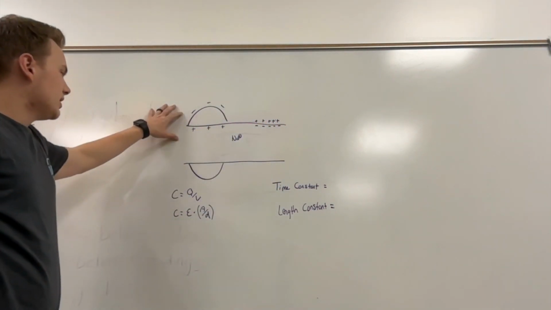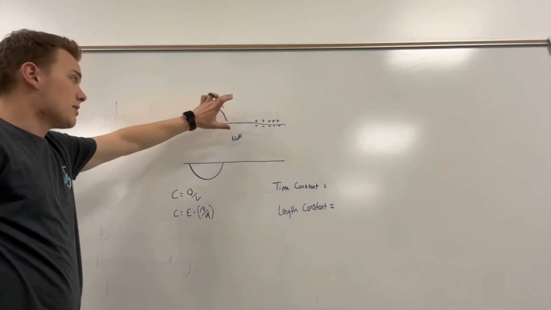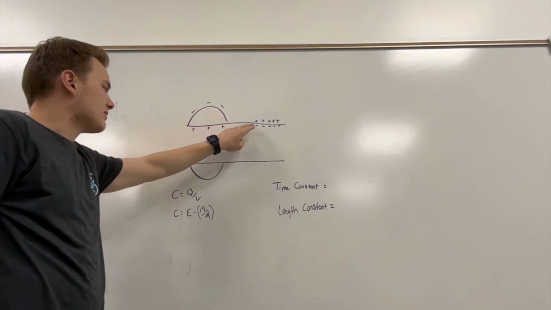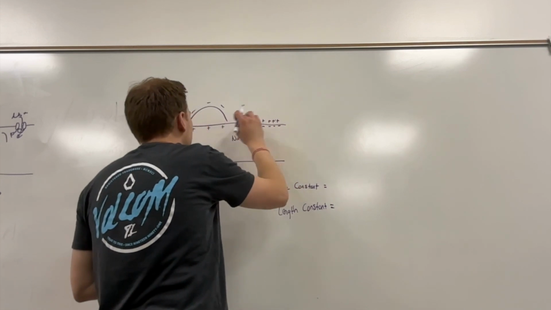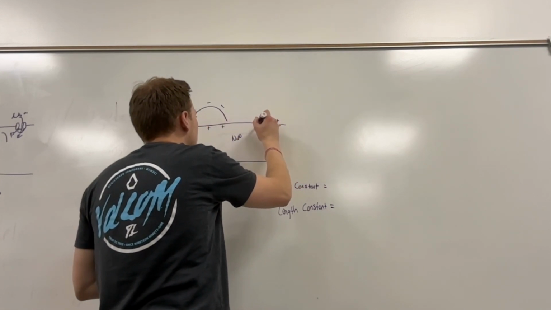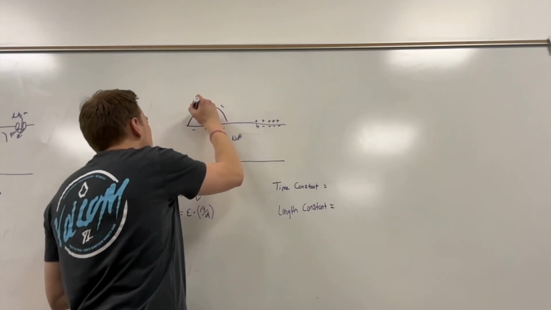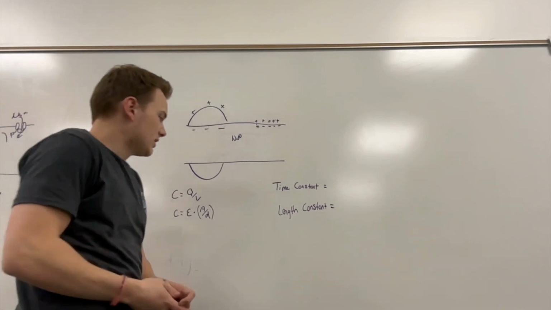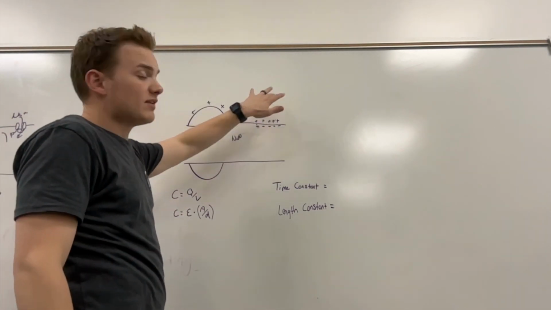Sorry, I have these flipped, my bad. All right, try again. So in our region here, we have 3 negatives and 3 positives, and then 5 negatives and 5 positives.